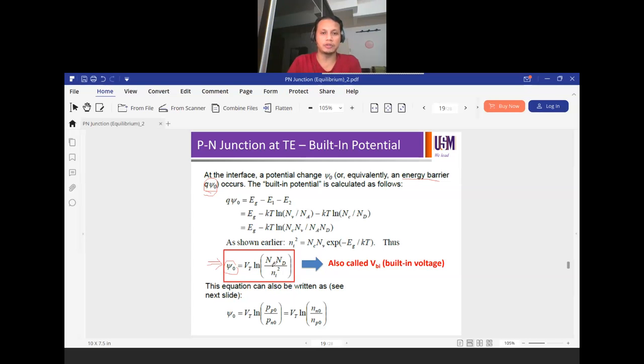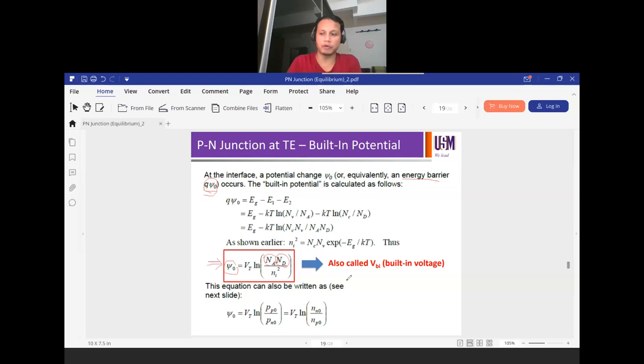NA is your acceptor concentration, which is P type, so it's also equal to PP naught. ND, if you want to replace, is NN naught, the density of electrons in N type at thermal equilibrium, divided by ni squared.